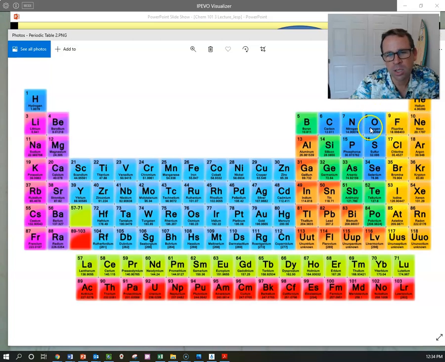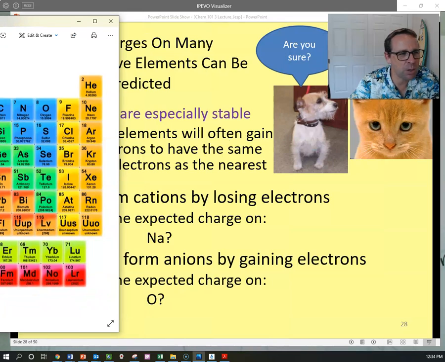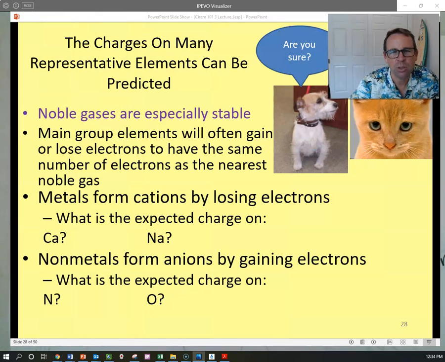Oxygen, sulfur, selenium, that's number 8, number 16, number 34, they all want to gain 2 electrons. So we've already talked about how, based on their location on the periodic table, you can tell what kind of ion they want to form.